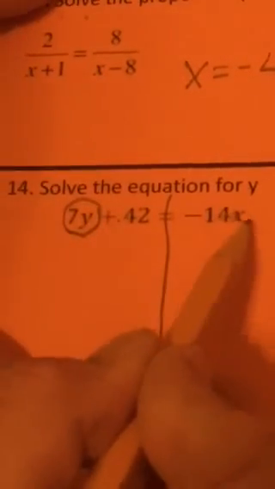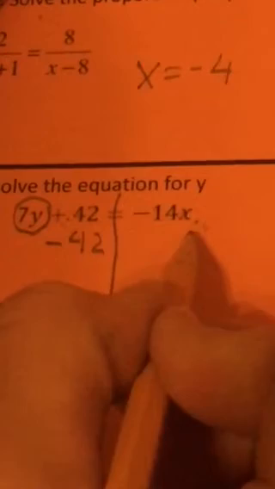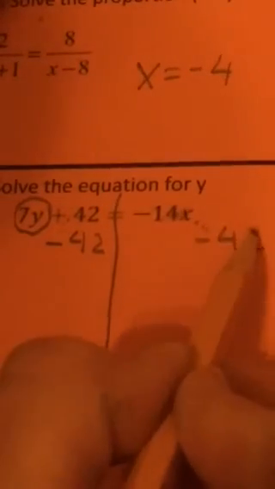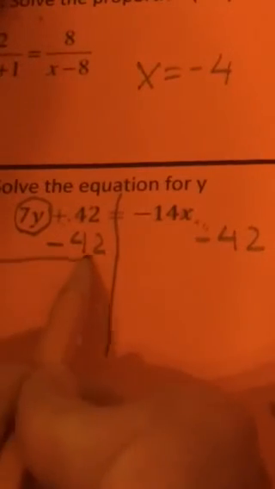Got to get this 42 over on this side. So we're going to subtract 42 from the left, and we're going to put it over here. Notice the x and the 42, they can't go together because they are not the same thing. One has a variable and one doesn't.